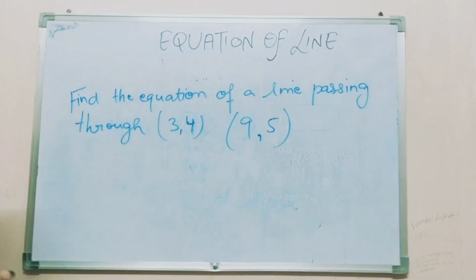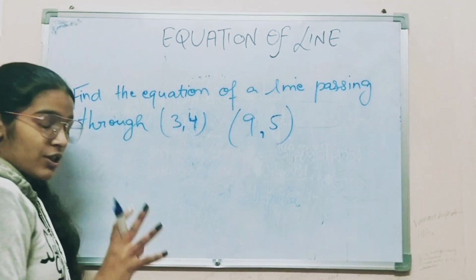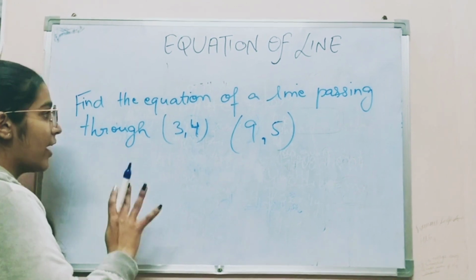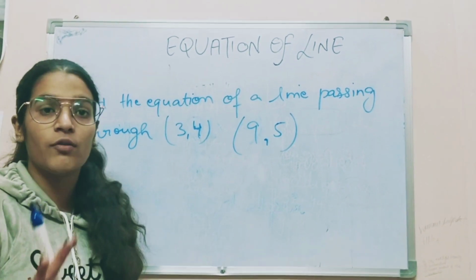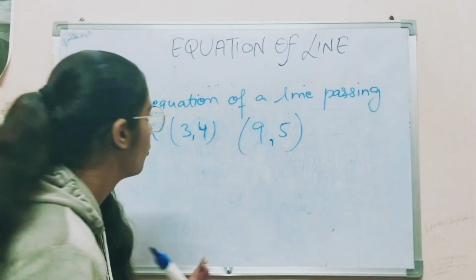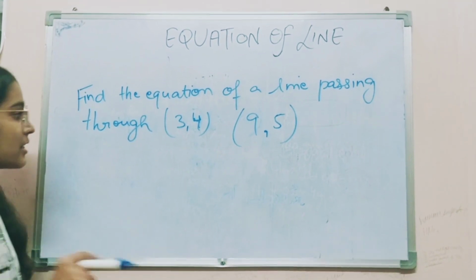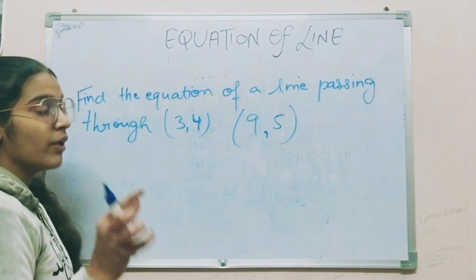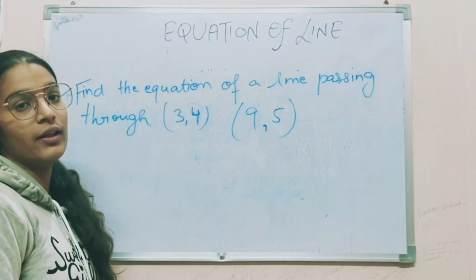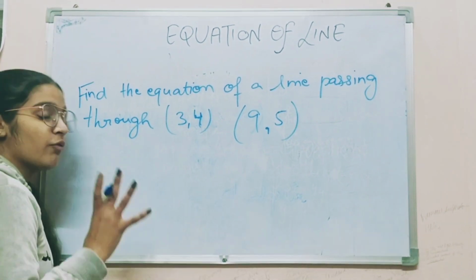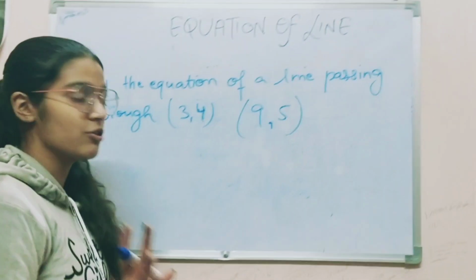Just remember guys, if in the question it is mentioned to find the equation of a line, we also have to find the slope, because without finding the slope we can't find the equation of a line, because in the formula of the equation, we are already having the slope. So first we have to find the slope, then only we can find the equation of the line.